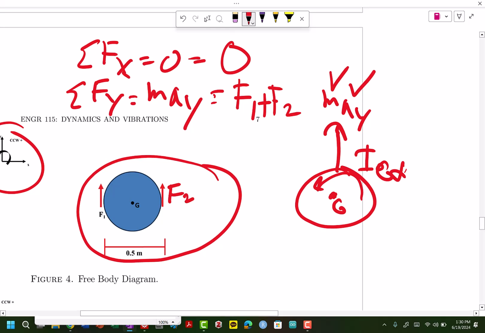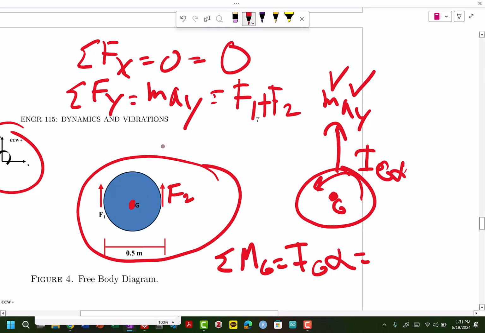Then finally, our body is rotating, so we can say the sum of the moments about G equals IG alpha. We can solve it like this, and we can also solve it another way as well. The sum of the moments is IG times alpha, because we already have our angular acceleration. Taking the moment about here, we have two forces.